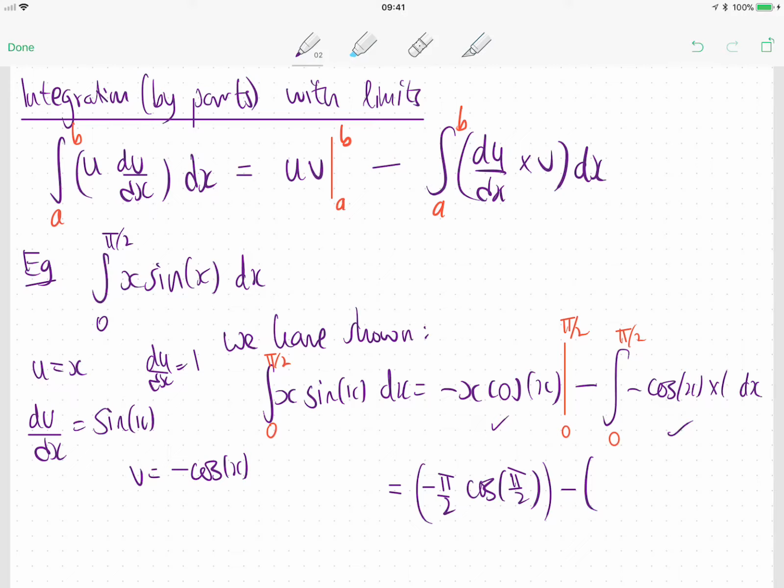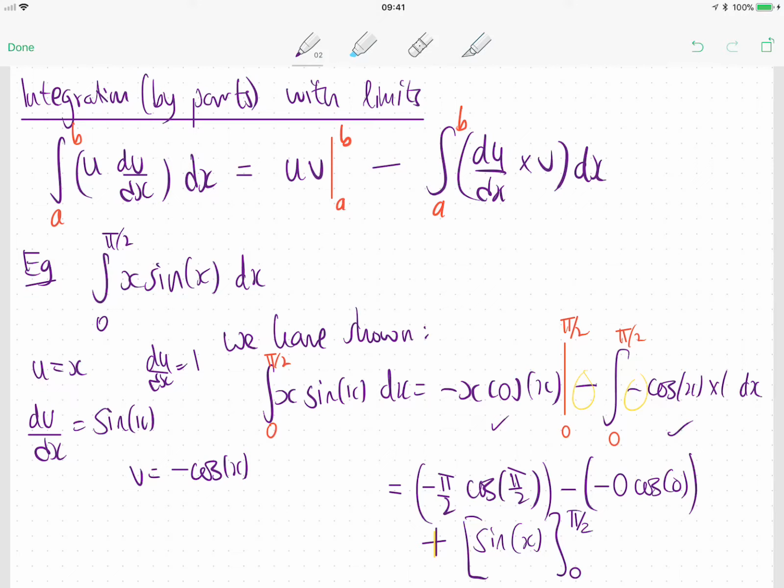For the second term, then I put in 0, evaluate that and subtract. And then in the second term I need to do some integration. If I just study the pattern here, we have a minus and a minus. So integrate cos x, which is sine x, and that goes to a plus, between pi over 2 and 0.